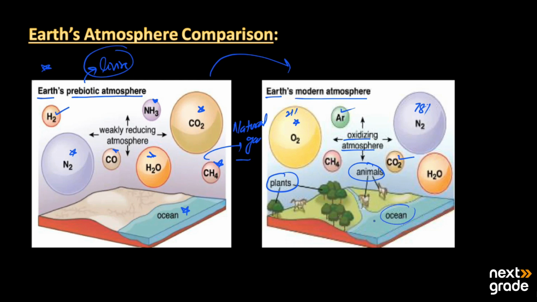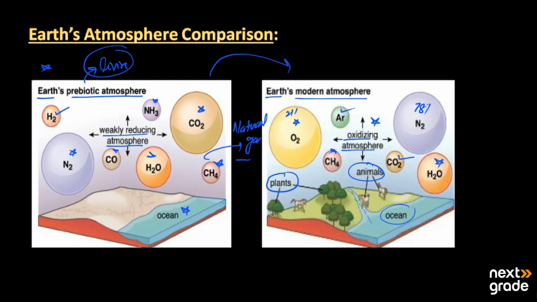The ocean started to move toward the living parts, and here we have the concentration of water as well as methane. When there was no biotic factor, in the prebiotic atmosphere, there was a weakly reducing atmosphere. But now, with the modern atmosphere, we have an oxidizing atmosphere. So this is a simple comparison of the atmosphere.